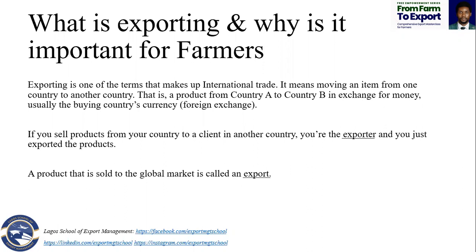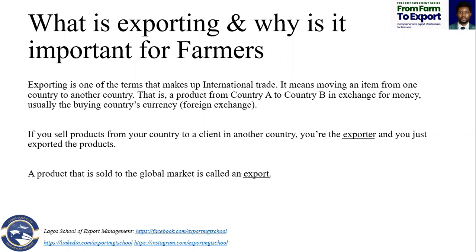So when you move an item from Calabar, from Abuja, from Lagos, from Ibadan, from Abeokuta, from Borno, to another country, you've exported that thing in exchange for money, in exchange for their own currency, which is foreign exchange. So that's how we come about foreign exchange: when you sell something from your own country to another country, and they are paying you in their own currency.